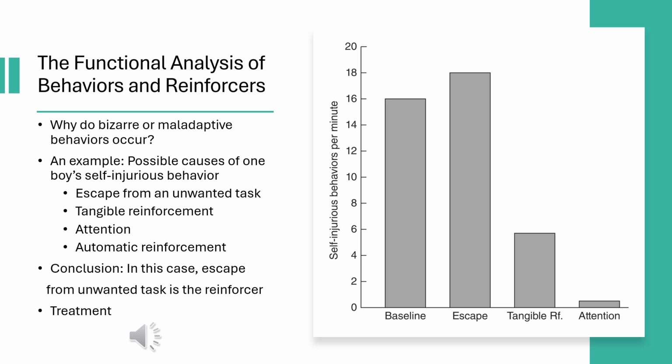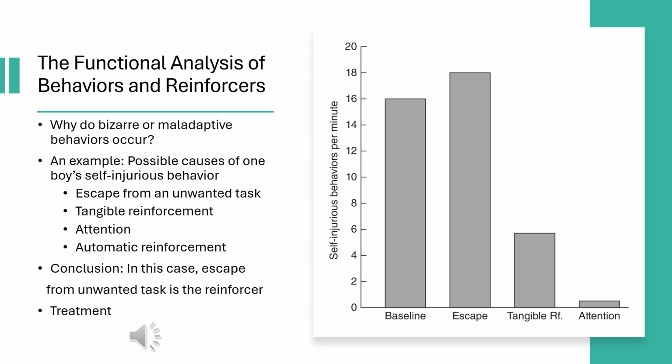So why do bizarre or maladaptive behaviors occur? Every behavior serves a function or has a purpose, even the maladaptive or bizarre ones. Functional analysis seeks to understand why these behaviors occur by identifying what reinforces them.